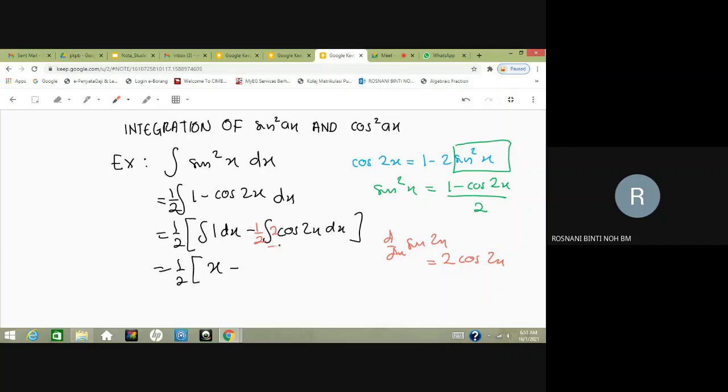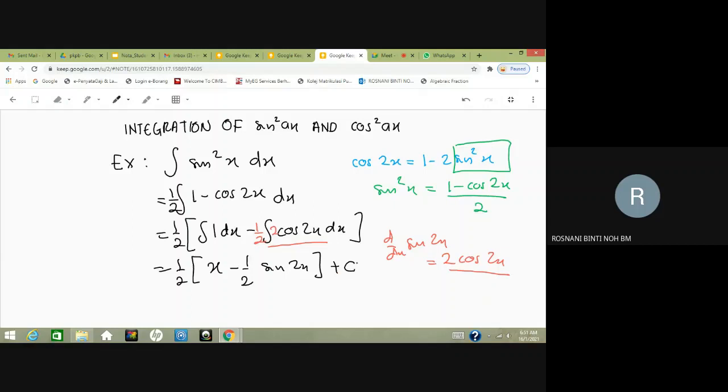Now this is exactly the answer for your differentiation. So 1 over 2 is 1 over 2. 2 cos 2x is the derivative of sine 2x. So integrating 2 cos 2x will give you back sine 2x, plus C.